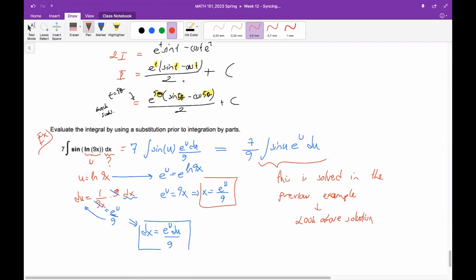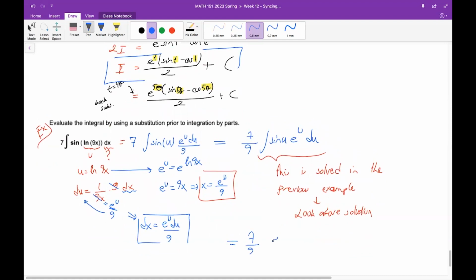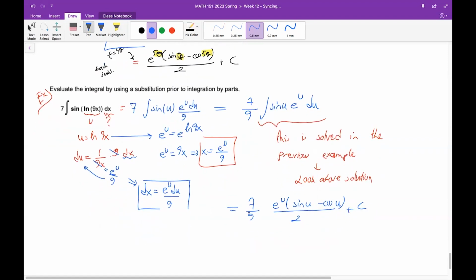And then, let me take this solution from here, like copy paste, because it is the same question. So we will find e to the power u, parentheses, I am just looking here and writing the result, sine u minus cosine u, divided by 2, plus an arbitrary constant c.